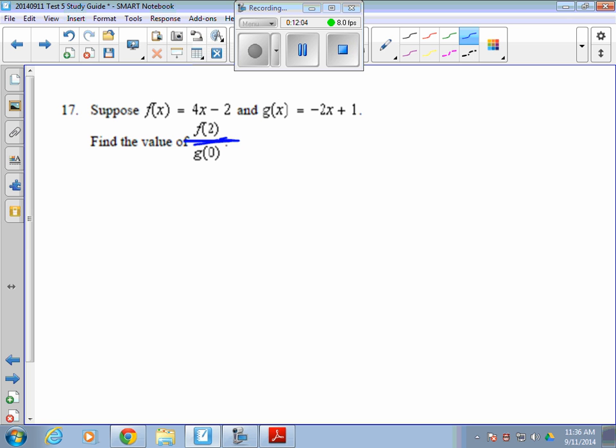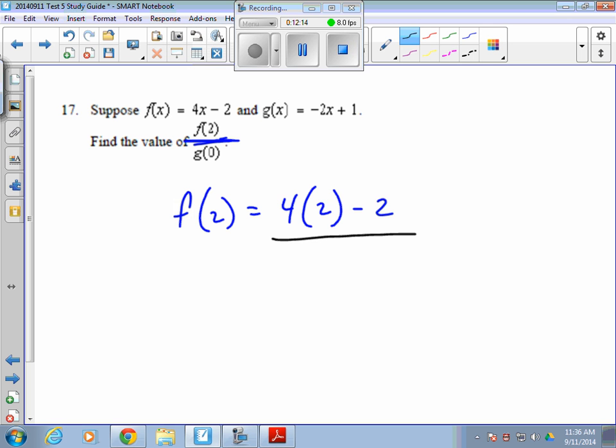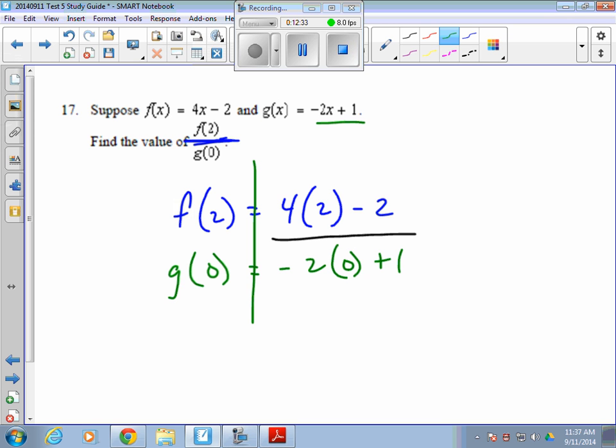So f of 2 equals 4 times 2 minus 2 over g of 0, g of 0 equals negative 2 times 0 plus 1. So right here, you're just doing what's on the right-hand side. You don't have to change anything where it says f of 2 and g of 0.